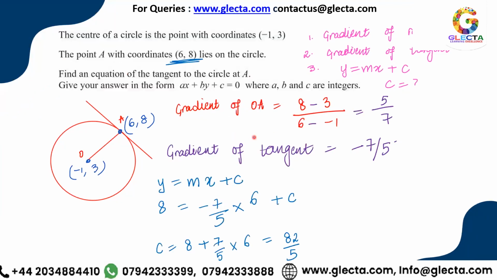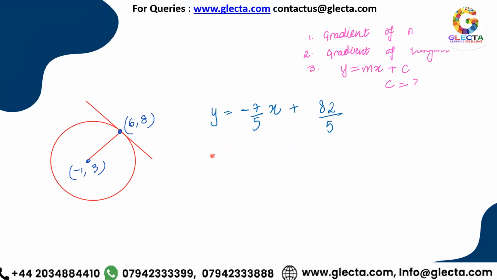Multiply both the sides by 5, although you can leave that in that form as well. But over here, the question says that we have to give our answer in this specific form. X, Y, and the constant term should be on the left side. And I have to rearrange the equation so that on the right side, I'm getting a 0. So over here, multiply by 5 on both the sides.